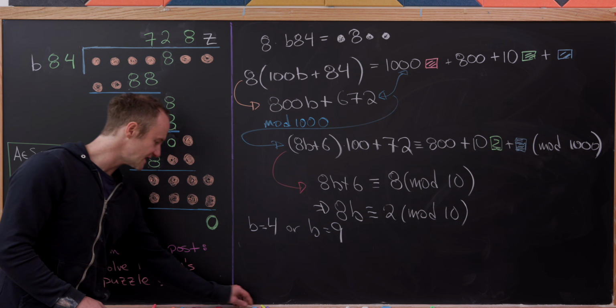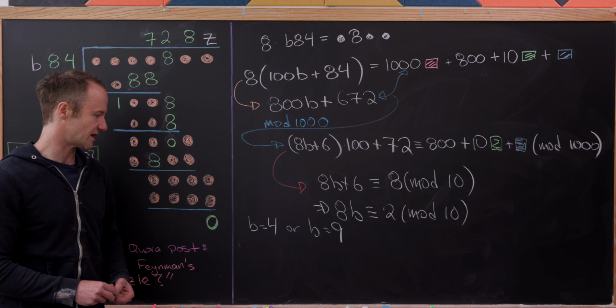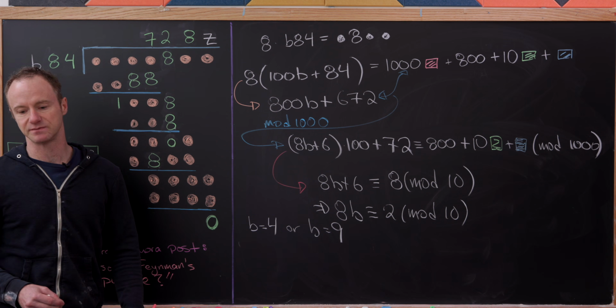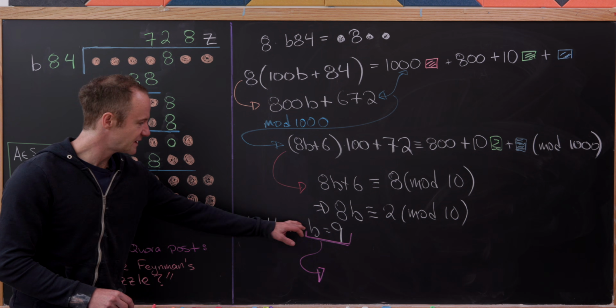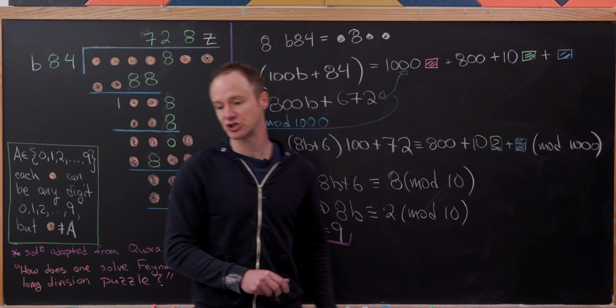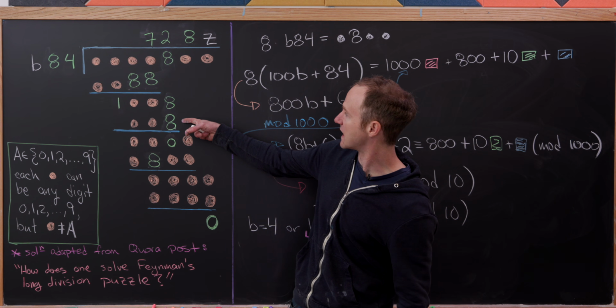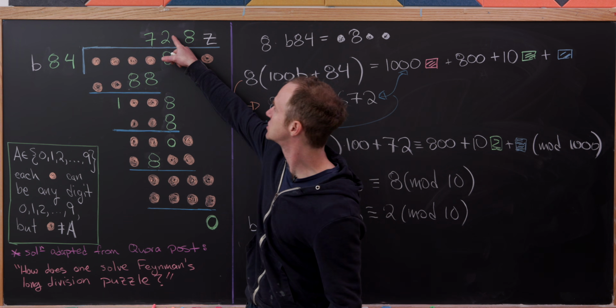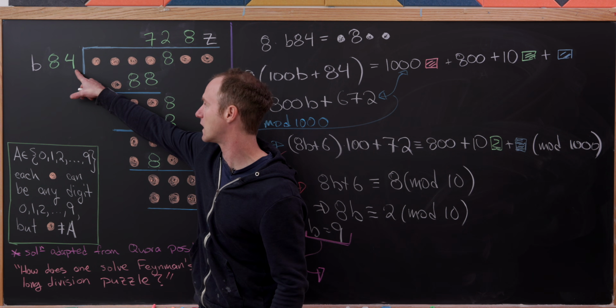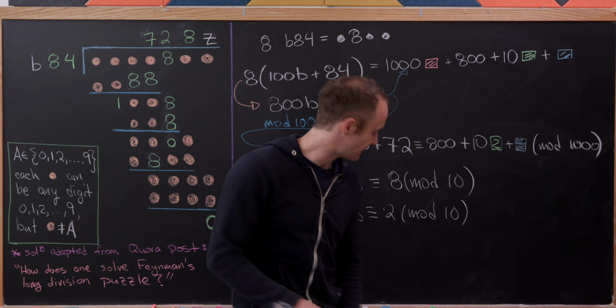But actually what we'll see is only one of these is possible. And the one that's possible is b is equal to 4. And that's because if we were to have b is equal to 9 from this line right here, which comes from taking 2 and multiplying it into, well, now 984.